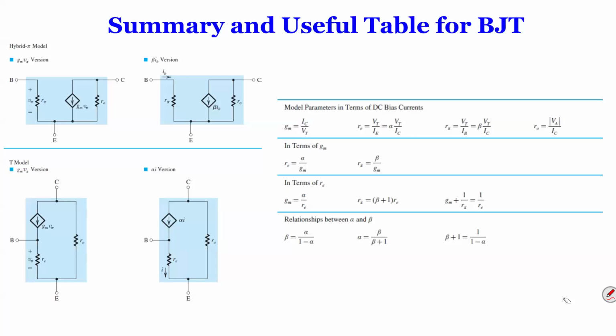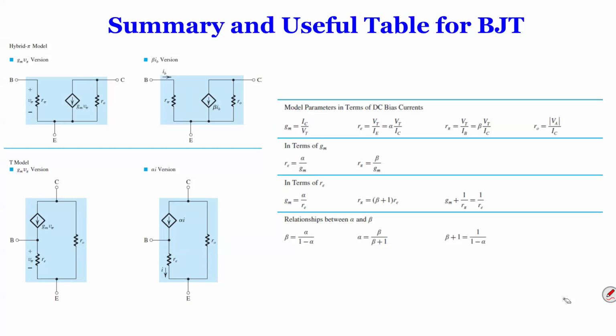At the top, we have the most popular model, with R pi, VB input, and GM times V pi as the current source, and RO. RO is VA over IC. So in that circuit, R pi, GM, and RO are the three things you have to calculate. Those are easy equations to remember, or you can write them down and know where to find them.